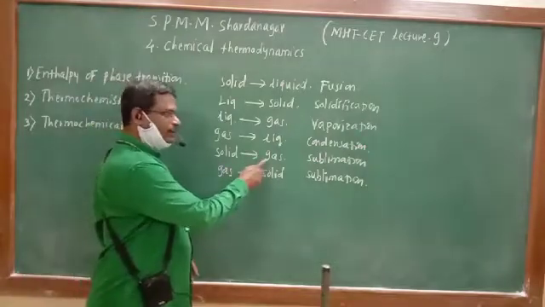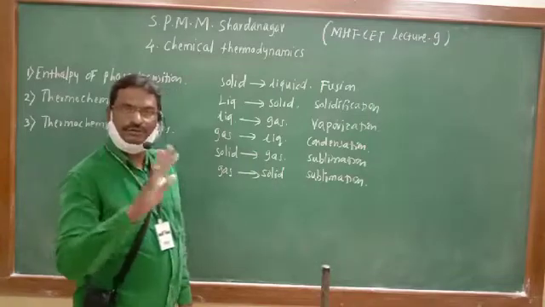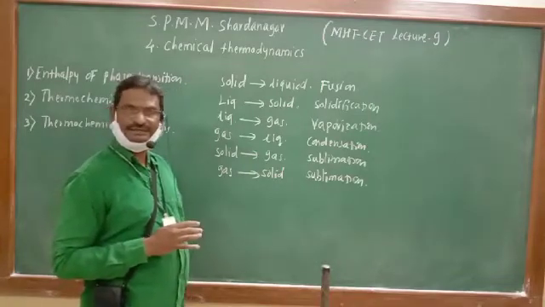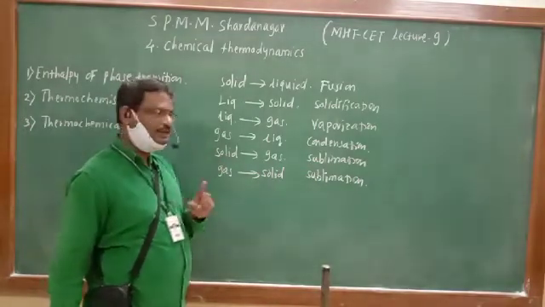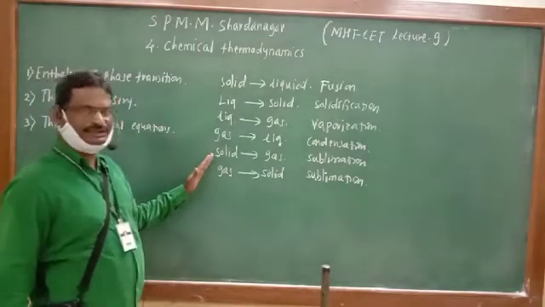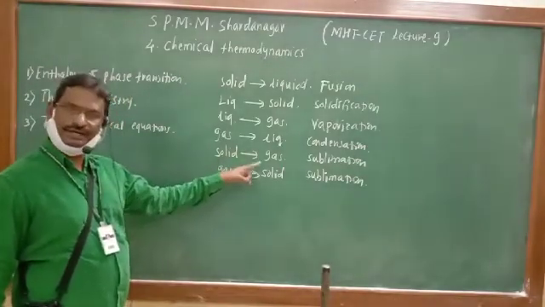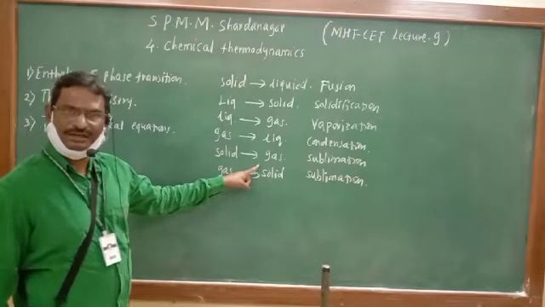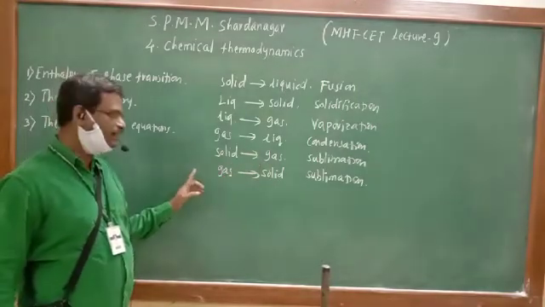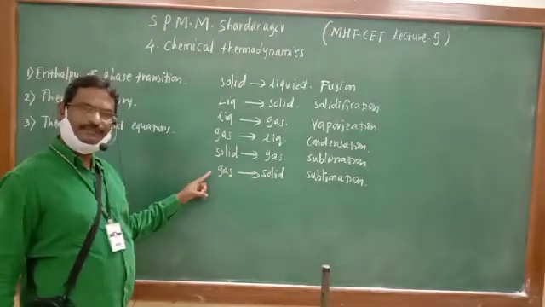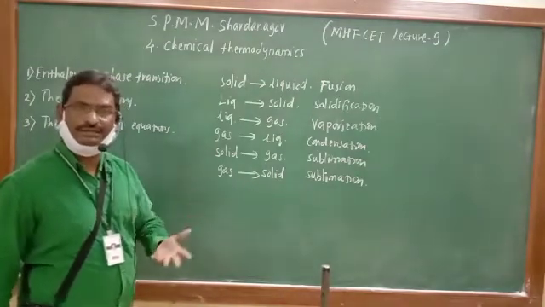Whenever solid is converted to gas or gas is converted to solid without passing through the liquid phase, it is known as sublimation. So enthalpy of sublimation is defined as the enthalpy change whenever 1 mole of solid is converted to gas at constant temperature and pressure without passing through the liquid phase, or whenever 1 mole of gas is converted to solid without passing through the liquid phase.